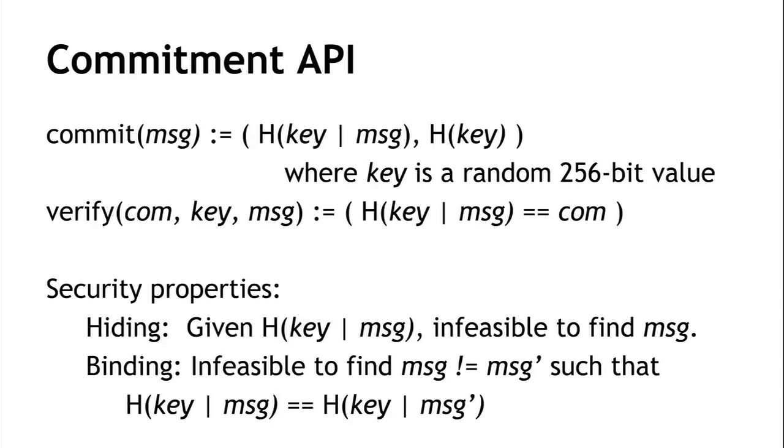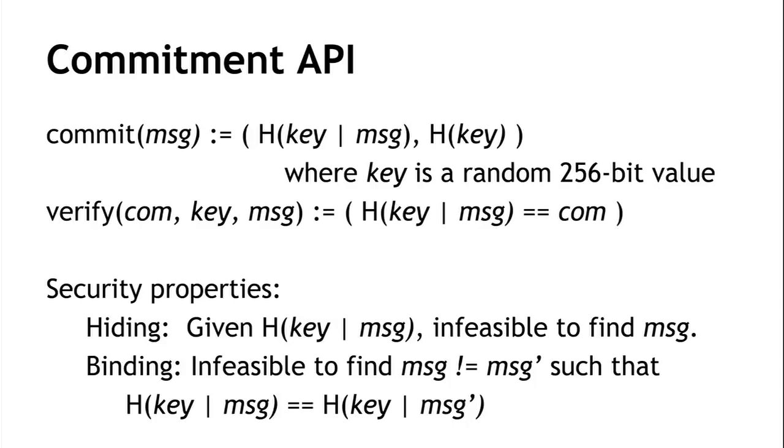Later, to verify, someone computes this same hash of the key they were given concatenated with the message, and checks whether that's equal to the commitment that they saw. So this is a way of using hash functions both in the commitment and in the verification.